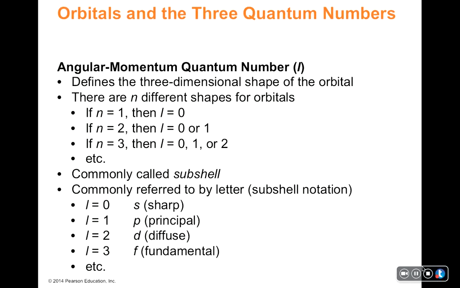L equals 2 refers to a D subshell, and L equals 3 refers to an F subshell. So again, the principal quantum number tells you the energy level. This angular momentum quantum number tells you the subshell, which also tells you the shape of the orbital. We'll look at those shapes in more specifics in a moment.